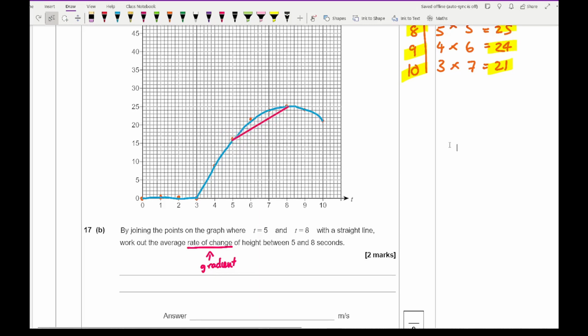Now you want to try and be as accurate as possible, so this coordinate here is 8, 25, and this point here is 5 and 16.